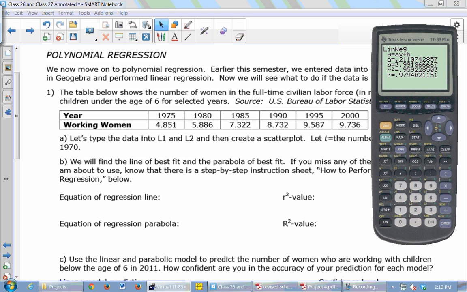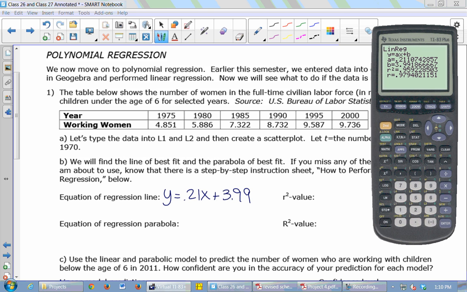We hit enter, and it says that my linear regression, ax plus b, is 0.21x plus 3.99. And my r value is pretty close to 1, so it's not a bad fit. So the equation of my regression line is going to be y equals, and r squared is 0.959.